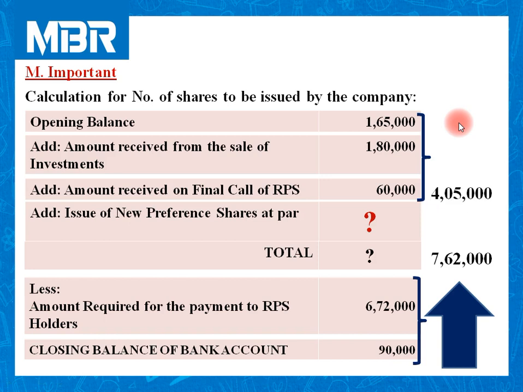In this way, you can calculate total receipt of 4,05,000. We need total 7,62,000. We have 4,05,000. So the balance amount is 3,57,000 to be collected by new issue.